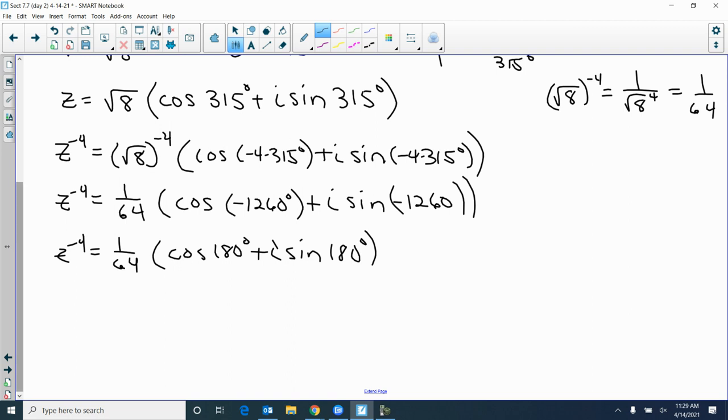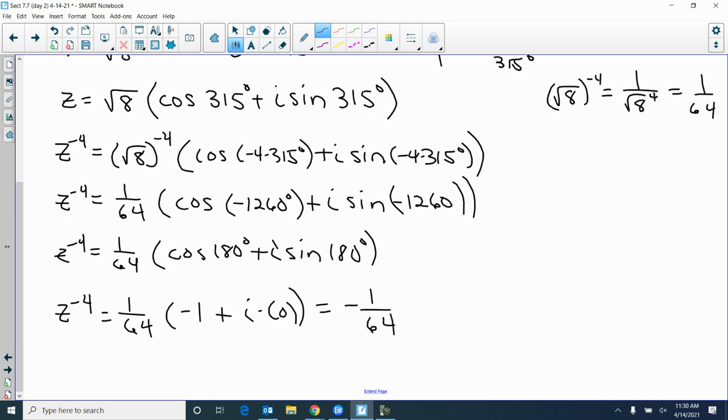So cosine of 180 is negative 1 plus sine of 180 is 0. And so you're going to end up with negative 1 over 64. Now, not in every case does the i's drop out. I know they have in the last couple, but don't assume that that's going to happen on every one of them.